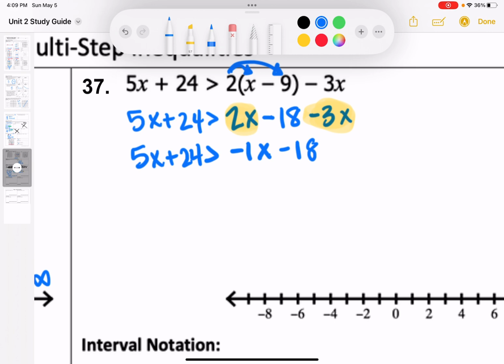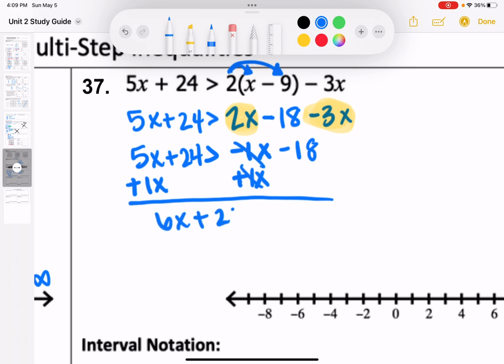So I want to move all of my letters to the left. So that -1x needs to move to the other side. So I'm going to add 1x to both sides. And that gives me 6x. And then I need to move the positive 24 to the other side. So I'm going to subtract 24.